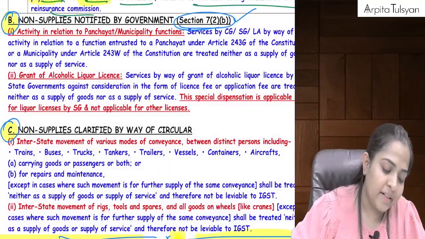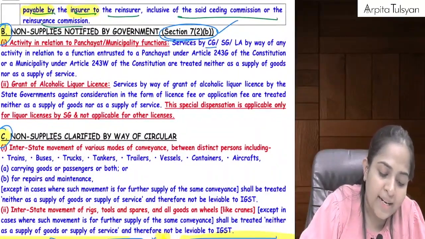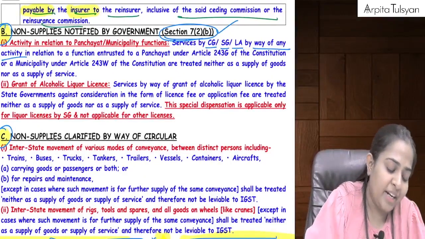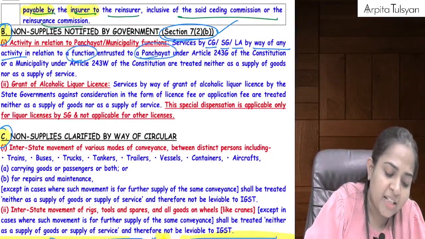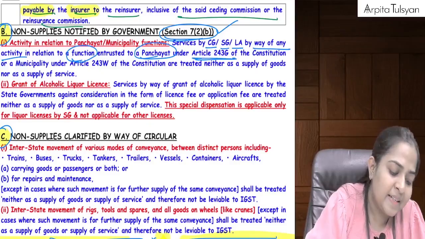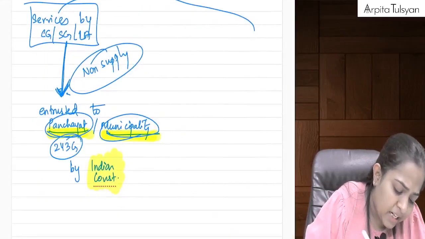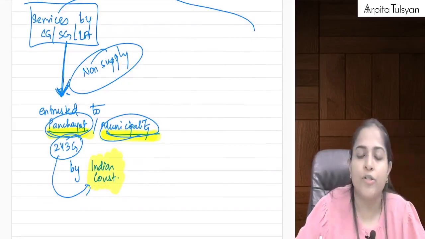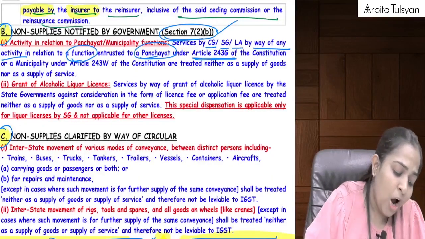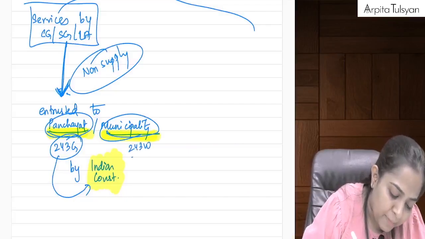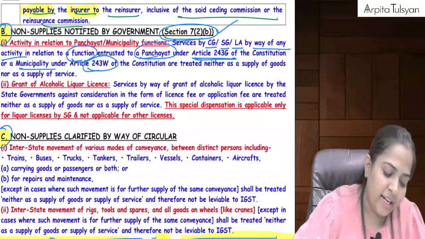Okay, see, it is written here: any services provided by the central government, state government, or local authority by way of any activity in relation to a function entrusted to a panchayat as per article 243G of the Indian constitution, or a municipality under article 243W of the Indian constitution.